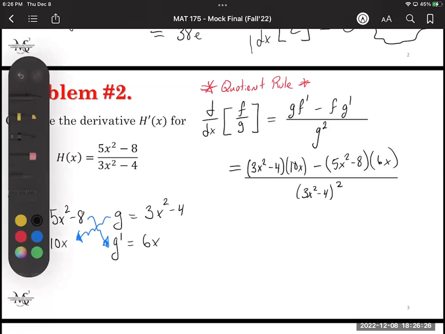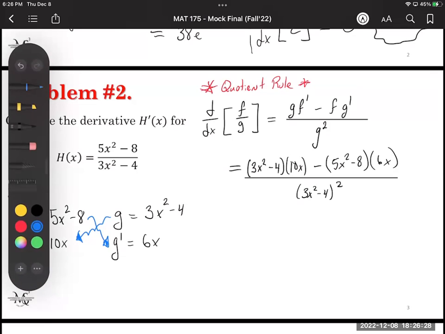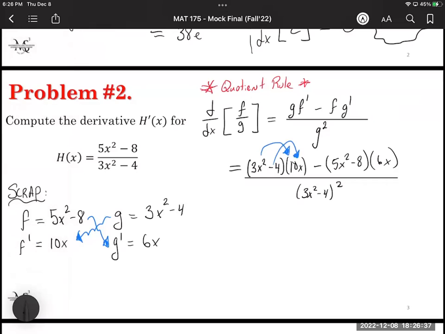So in the numerator, I can now take the 3x squared and the negative 4, and multiply by 10x. So 3x squared times 10x will be 30x cubed. Negative 4 times 10x is negative 40x. And now I have to do the same thing to the 5x squared minus 8 times 6x.